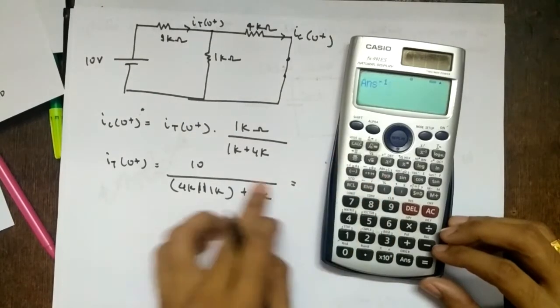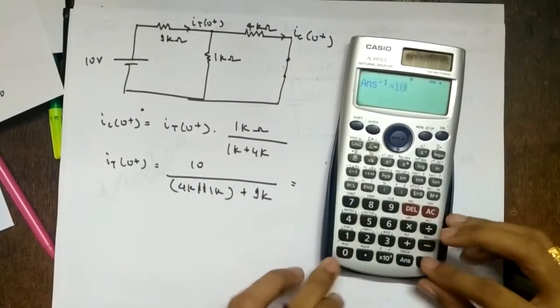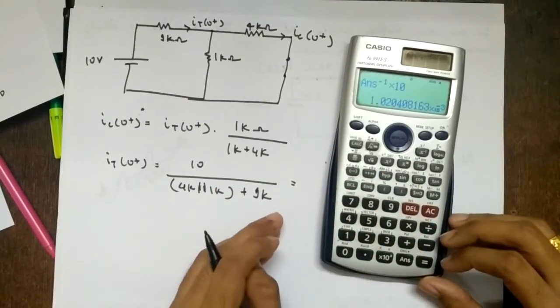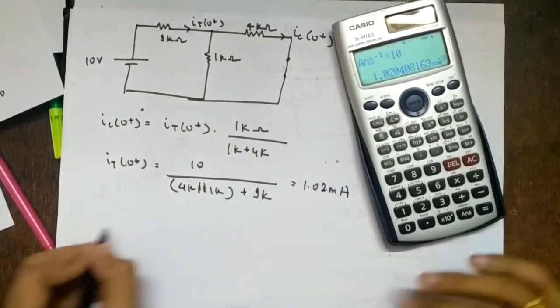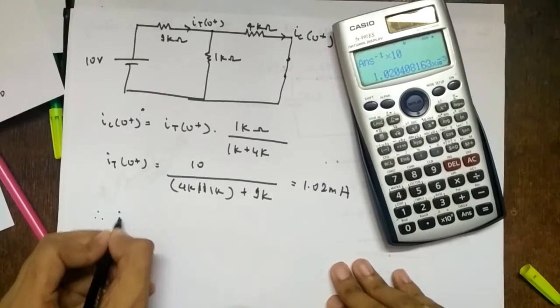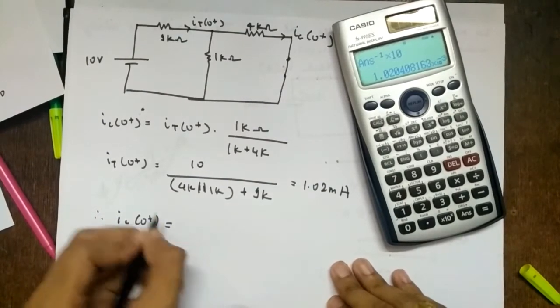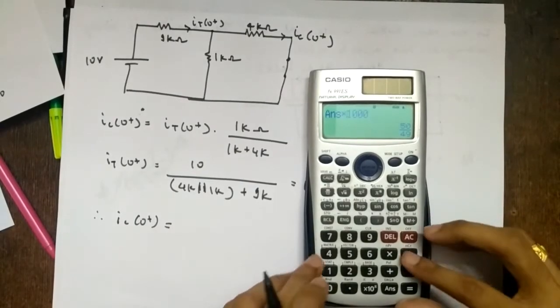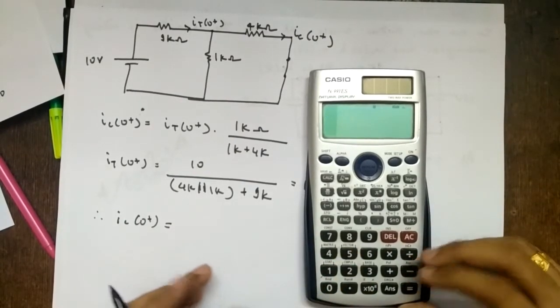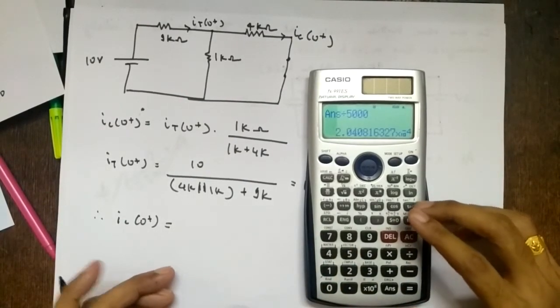So this is in denominator. So inverse into 10. It's 1.02 milliampere. So 1.02 milliampere. This is the way you can solve fast. So therefore you can find Ic of 0 plus. So make the substitution into 1000 divided by 5000, 4K plus 1K. So it is 2.04.